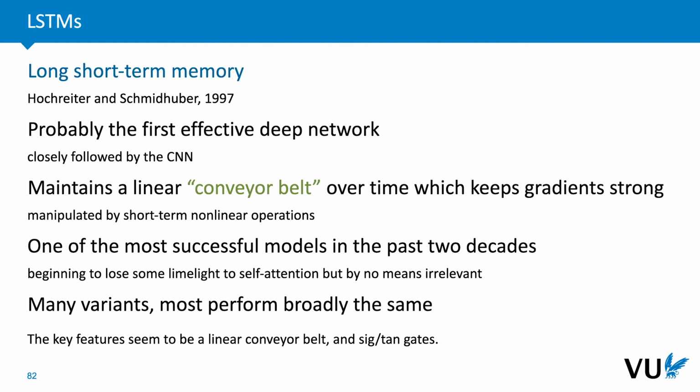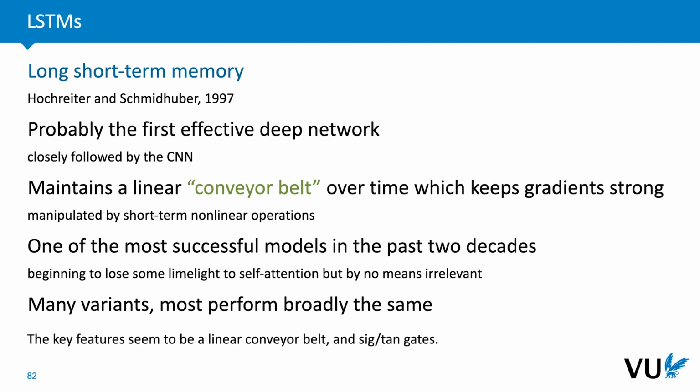And through these nonlinear operations, the gradient may vanish, but these are always short-term with connections only to the current input. These are probably one of the most successful models of the past 2 decades. They're now competing for the limelight with self-attention and transformers, but they are by no means irrelevant yet.